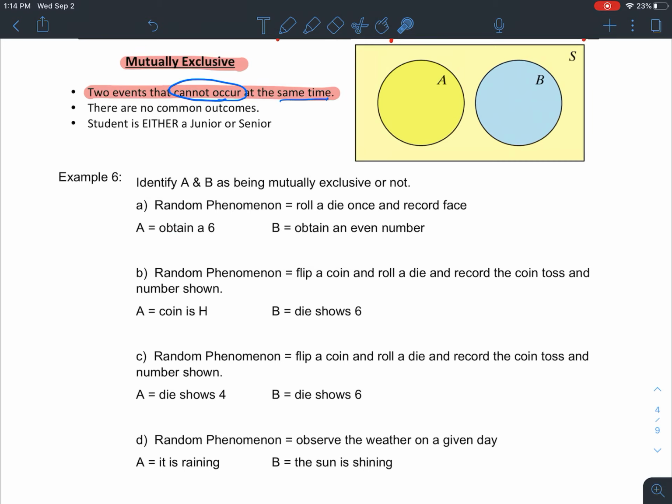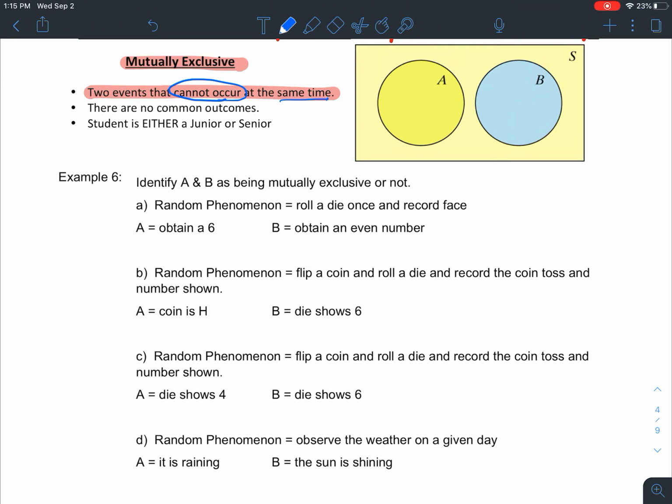So what we're asked to do here for this problem is we're asked to read the 2 events, A and B, and decide whether we think that they are mutually exclusive, which means they could not occur at the same time. Okay? Or if they're not mutually exclusive, which means they could occur at the same time. So the event that you're performing is you're going to roll a die 1 time and you're going to record its face value.